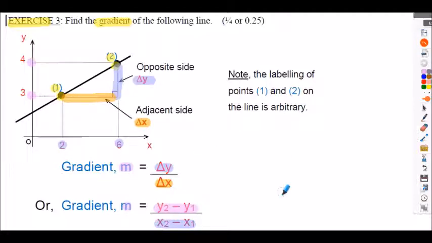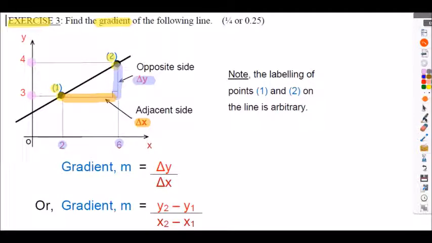I would encourage you to try and remember this equation to work out the gradient of a straight line, as this method always works out the sense of the line, whether it's positive or negative. When students use the delta y by delta x approach, it will work out the gradient, but with this method you have to think through whether the gradient is positive or negative. With this method, it works it out for you. So I'd encourage you to use this equation.